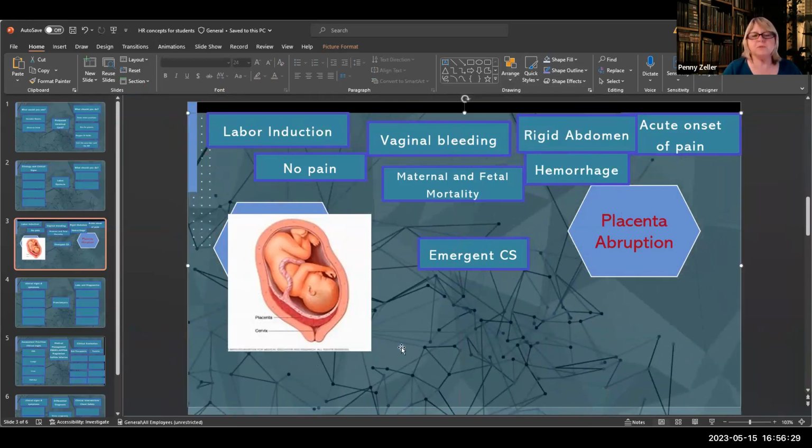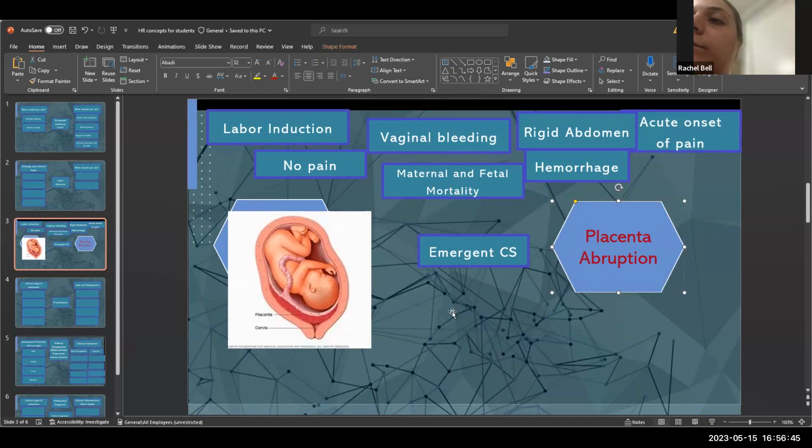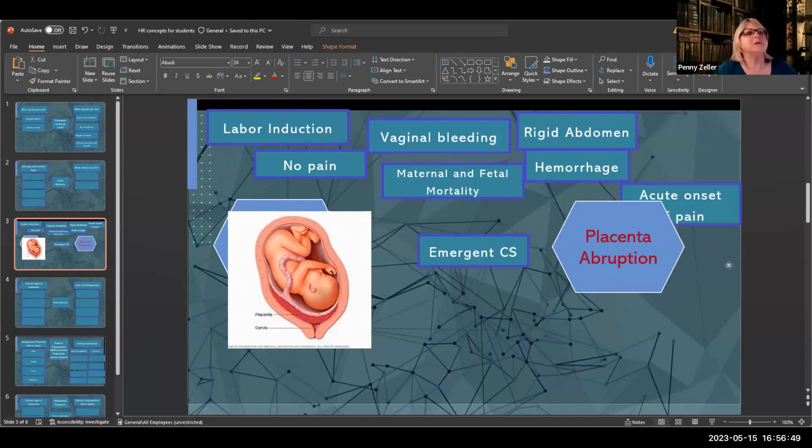Oh well, so the abruption was the other picture. Okay, so the abruption. Now, which one is it, the previa or the abruption, that's painful? Abruption. Okay, an acute onset would be the abruption. Yeah, that's painful because it's tearing away.